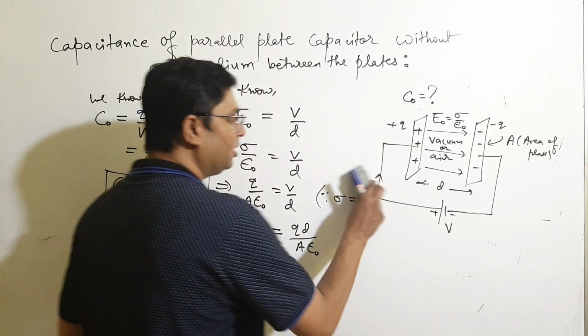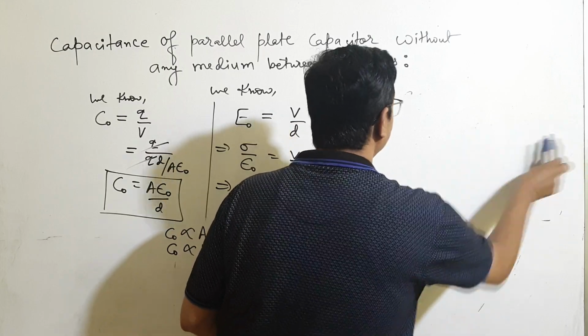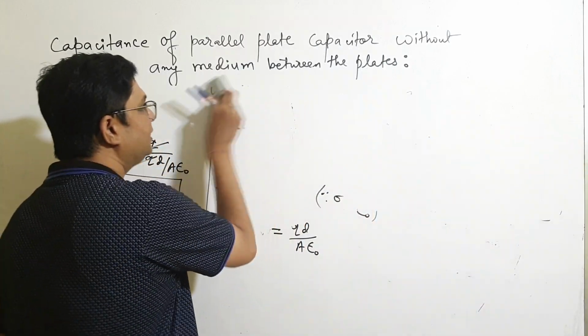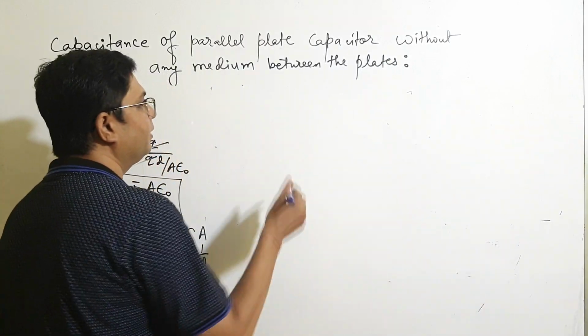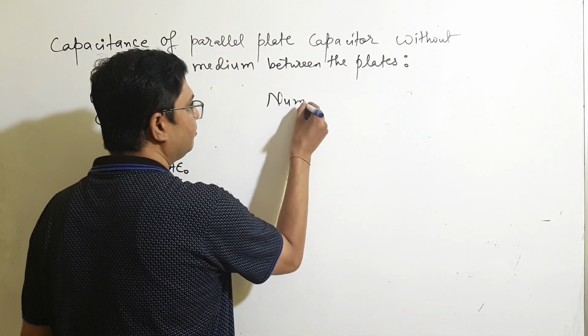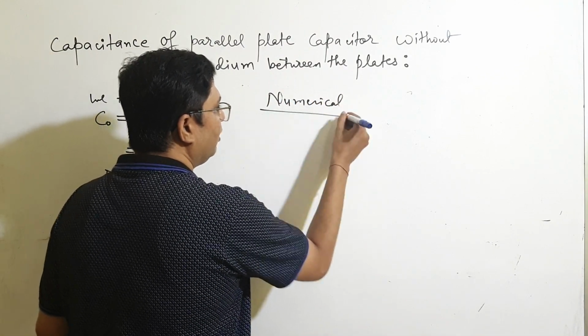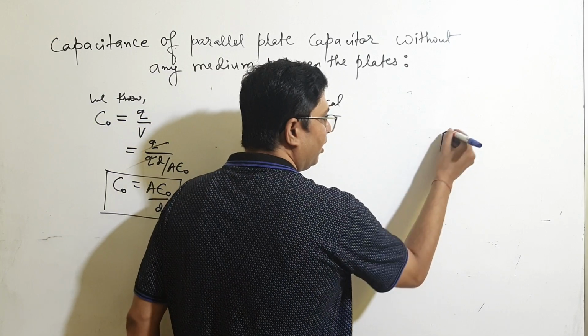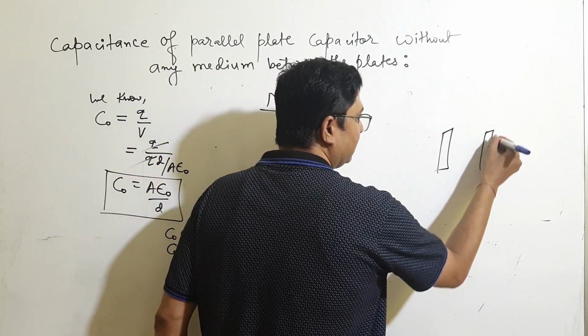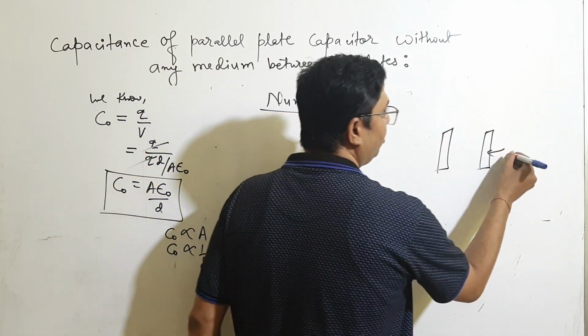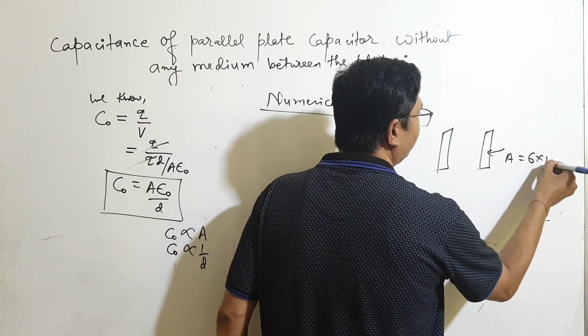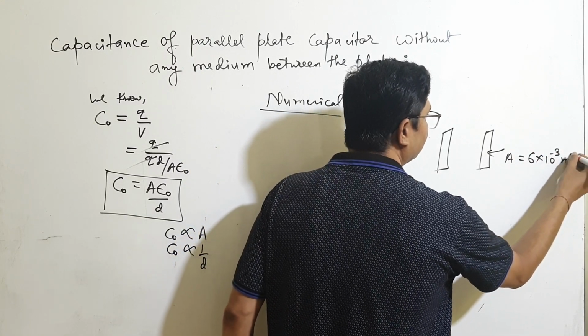Let us see a numerical based on this topic. Here I am giving you parallel plates. The area of the plates is given: area is equal to 6 into 10 to the power minus 3 meter square.